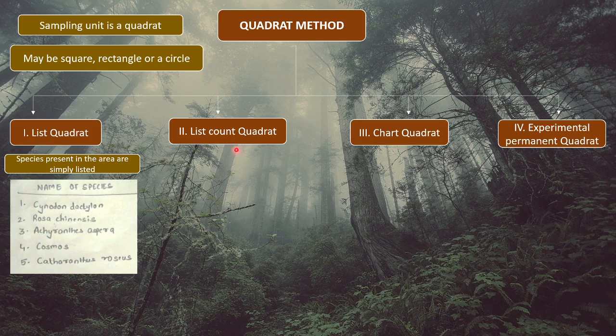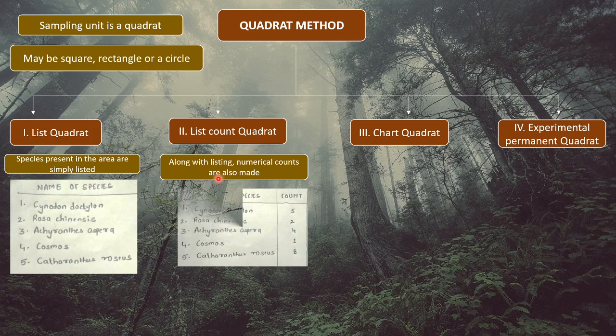Now the second method is the list count method. What is done in the list count method? The name itself suggests that apart from listing, we are also going to count the species. So along with listing, numerical counts are also made, right?